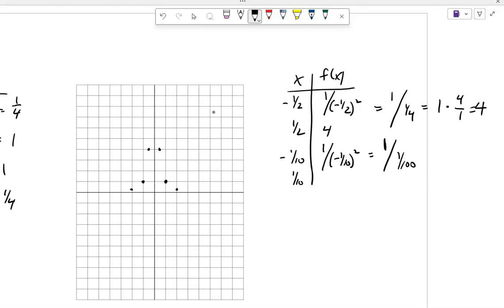And the same idea, we multiply by the reciprocal. So dividing by 100th is the same thing as multiplying by 100. We get something big, don't we? We get the same thing for the other one. Now, I can't really plot those points because it'd be way off my graph. But it should give you an idea of what's going on.